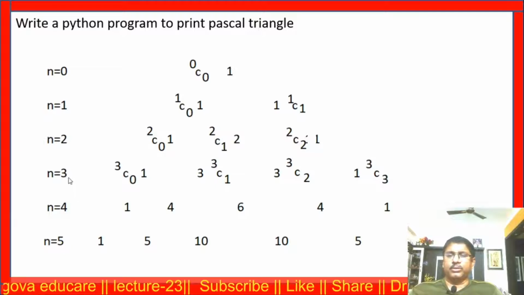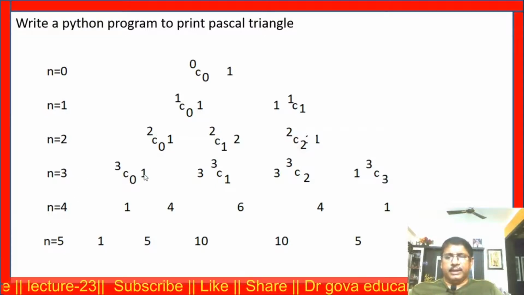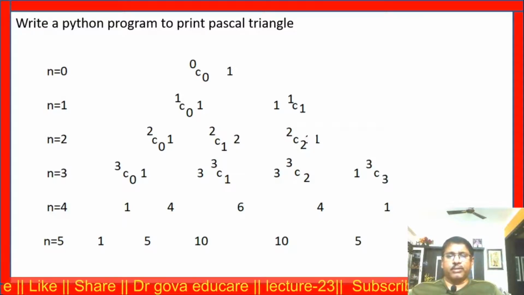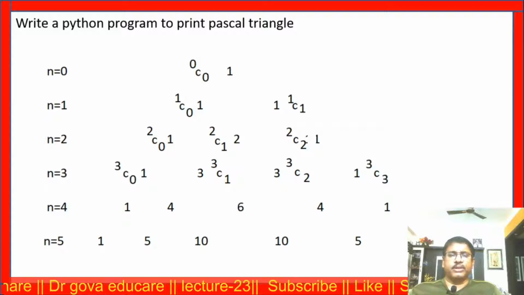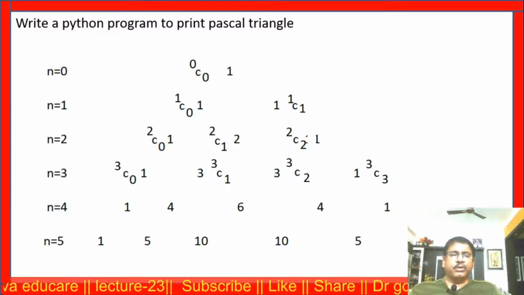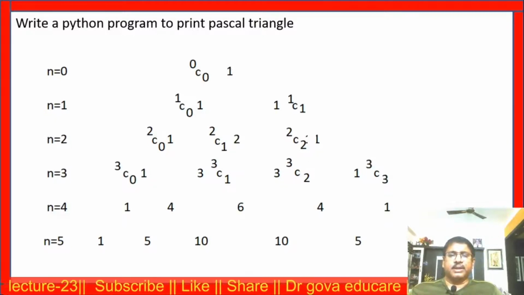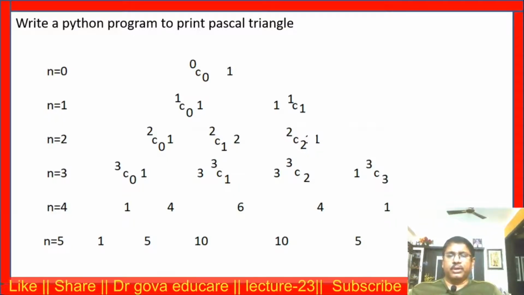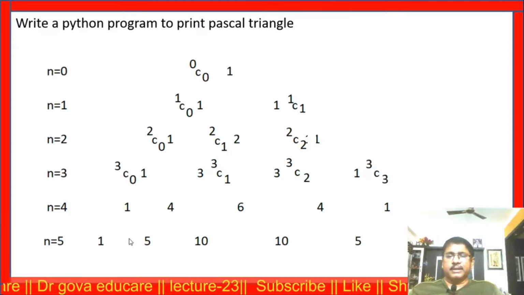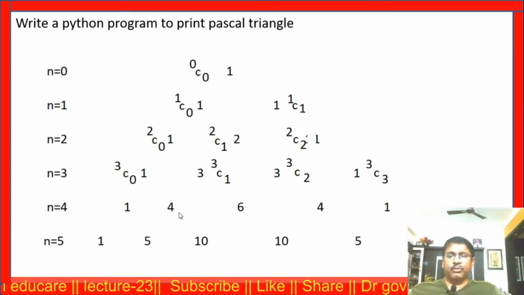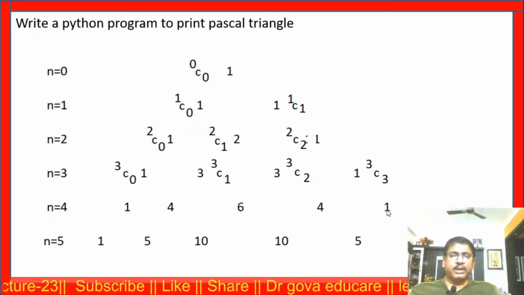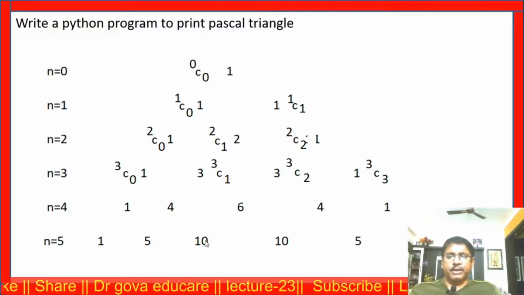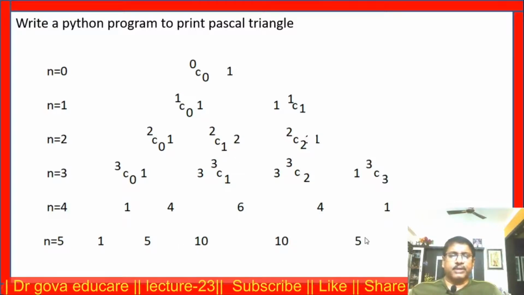Now n is equal to 3: x cube coefficient 1, 3x square y coefficient 3, 3xy square coefficient is 3, y cube coefficient is 1, that is 3C0, 3C1, 3C2, 3C3. Similarly, n is equal to 4: 4C0, 4C1, 4C2, 4C3, 4C4. Similarly, n is equal to 5: 5C0, 5C1, 5C2, 5C3, 5C4, 5C5.